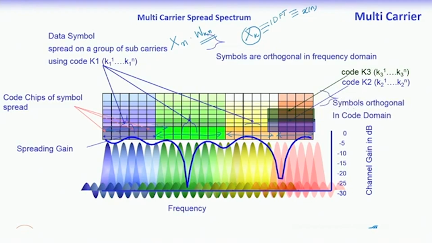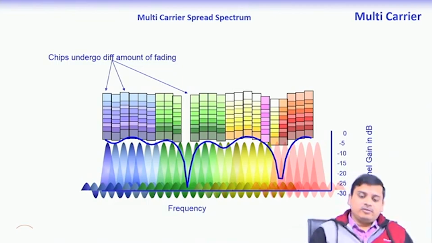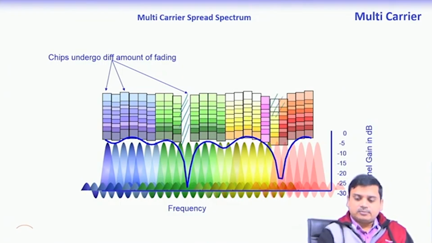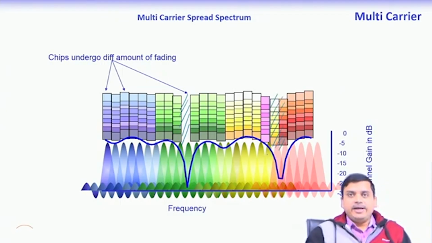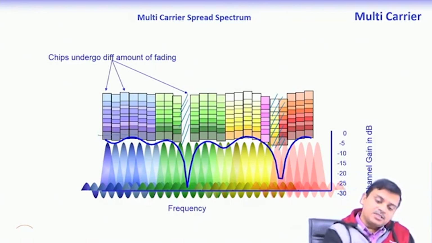Now, how do we process them? When it goes through a fading channel, we will find that these signals are lost, as we have discussed. We have maintained the same channel gain in the consecutive pictures, but we will find that the entire signal had been spread across several subcarriers.